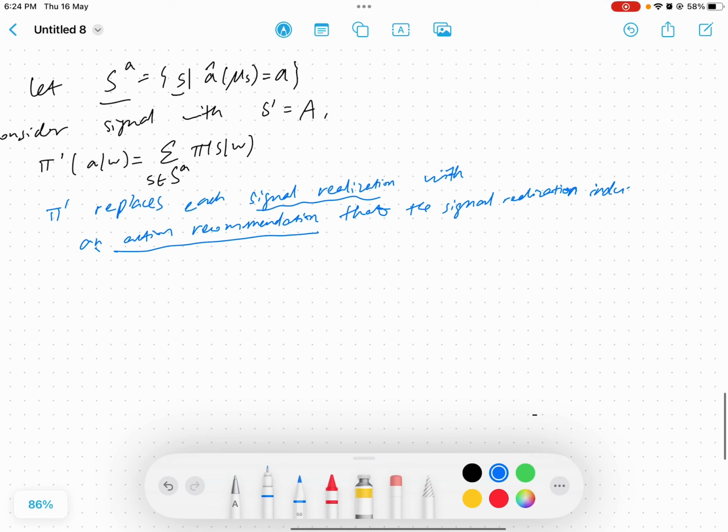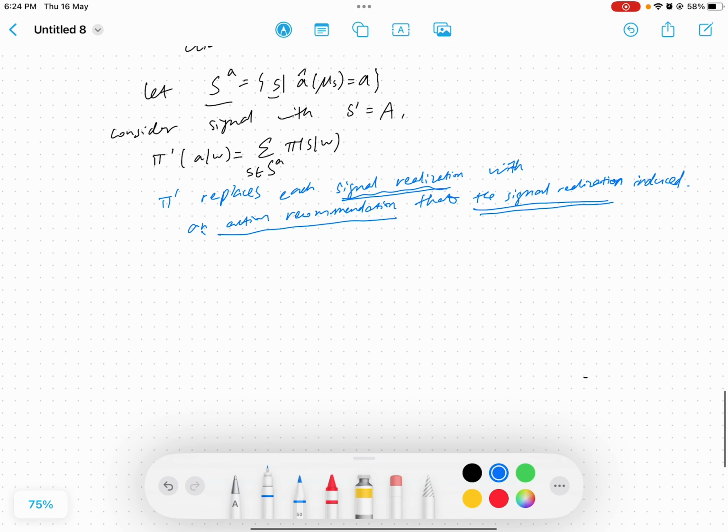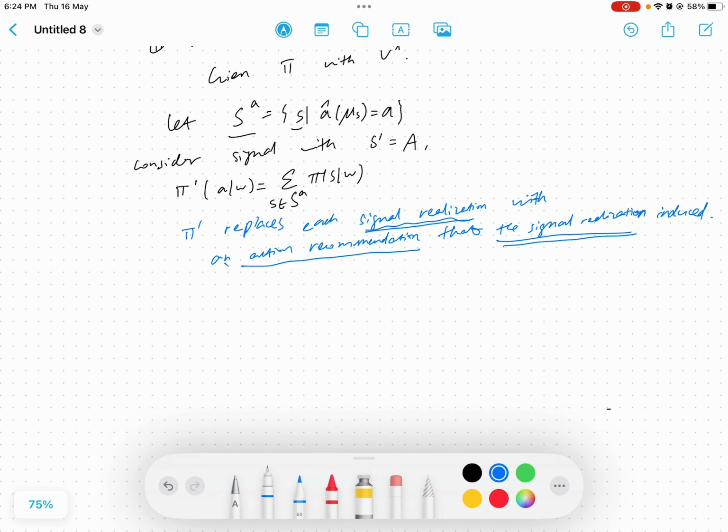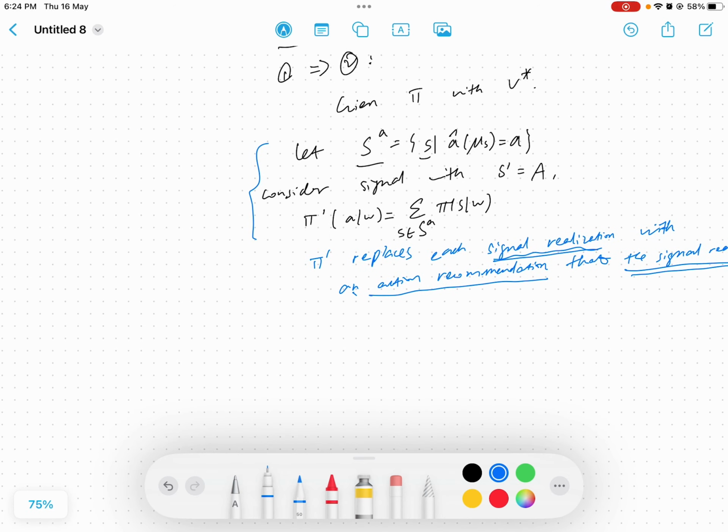Okay, let me finish this. So this refers to the same thing. Very good. So those parts define the action recommendation, right?